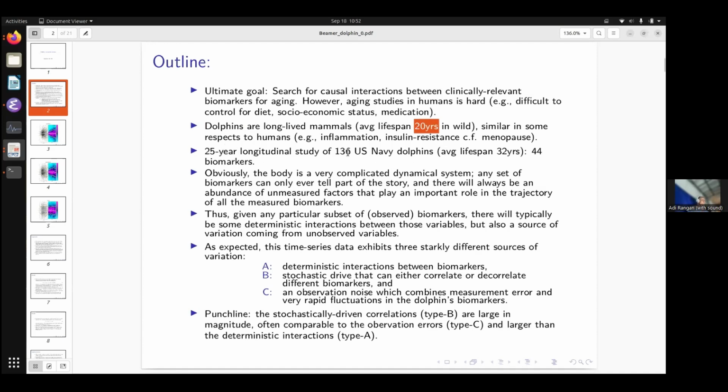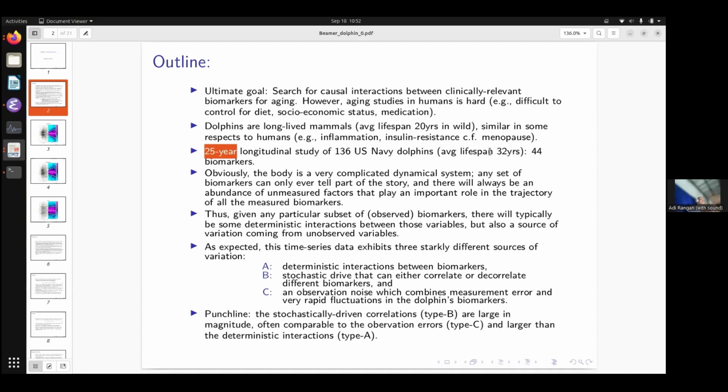And this particular study was actually conducted by the US Navy over the last 2 or 3 decades. And the US Navy has a dolphin research branch, which is kind of fascinating, right? And they train these dolphins and they work with them and they have the dolphins play in a sequestered area of the water.